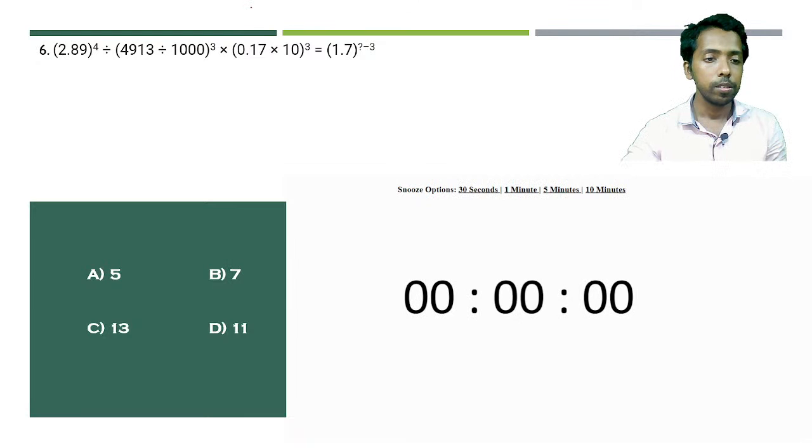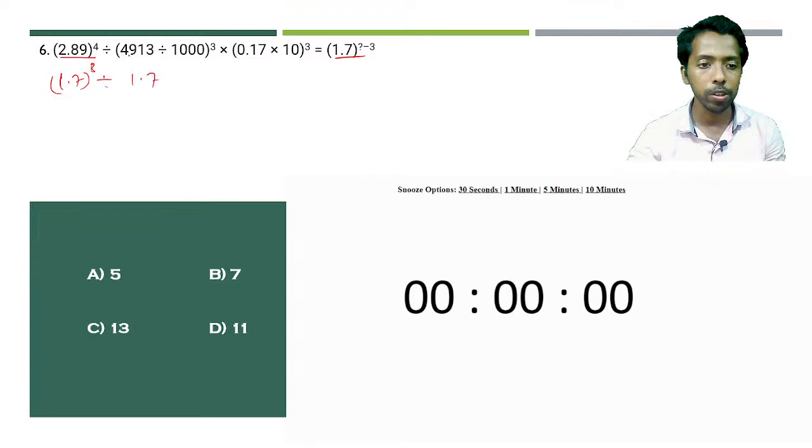Okay. Question number 6 here. Here you can see 1.7 is given. That means these values are not in approximation terms, but 17 square is 289, you can remember. So 1.7 square to the power 4. That means this is 8 divided by, this is also 1.7 cube. If we take the division by thousands here, so that is 1.7 cube.